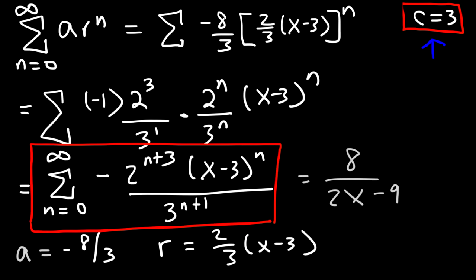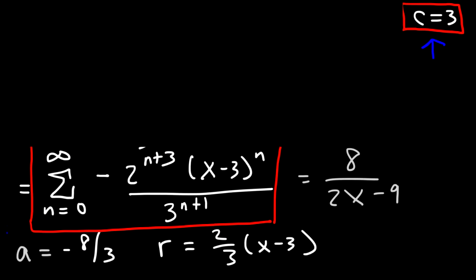The only thing we need to do at this point is find the interval of convergence. So as always, let's start with this expression. So r is 2 over 3 times x minus 3.